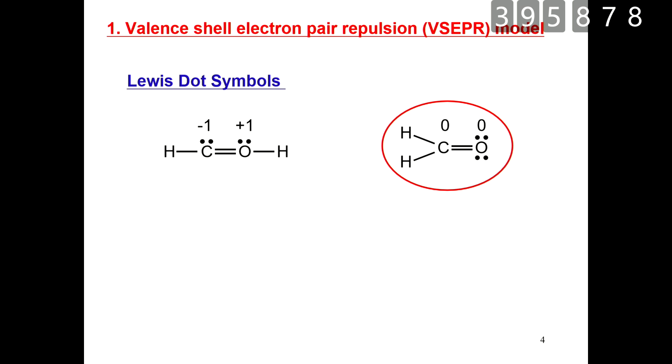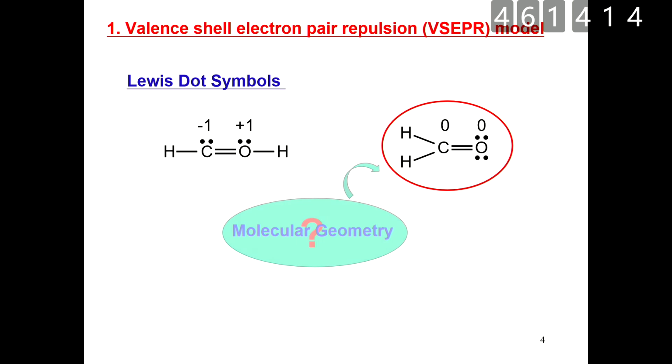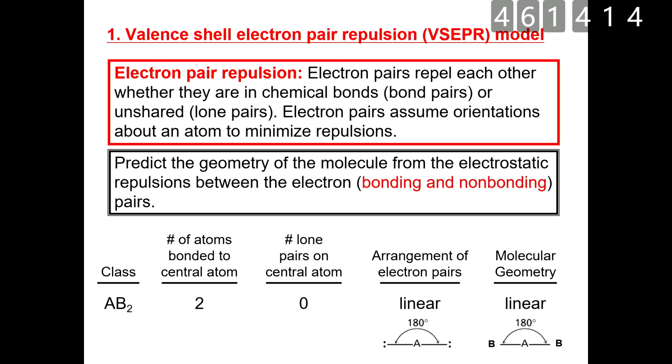For these two molecules, they have the same number of carbon, hydrogen, and oxygen, but they may show different geometries. In this case, how to determine its molecular geometry? You can use this model.